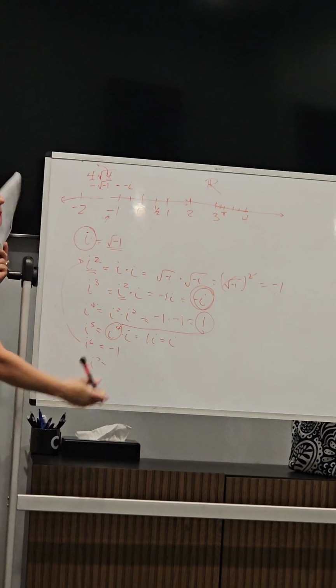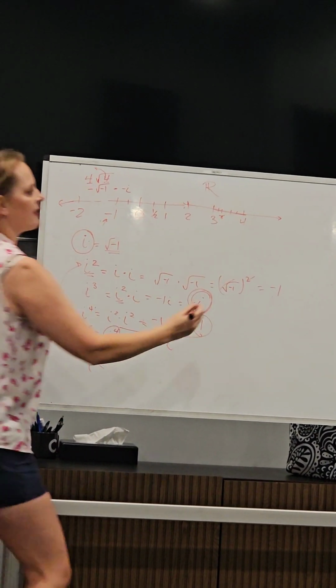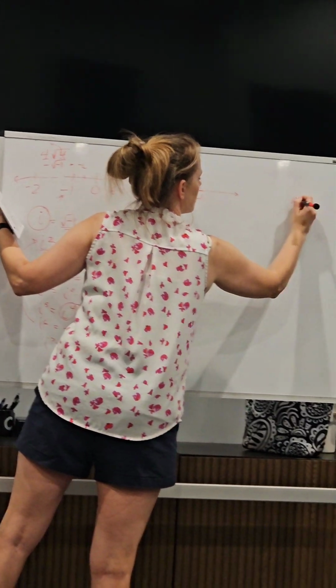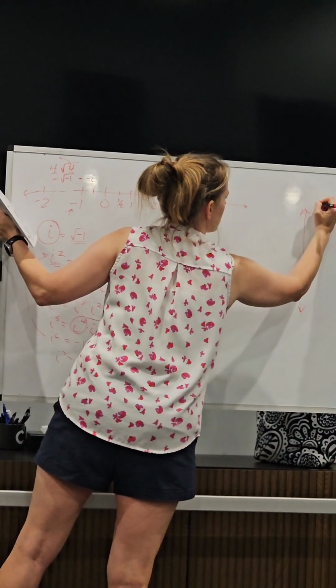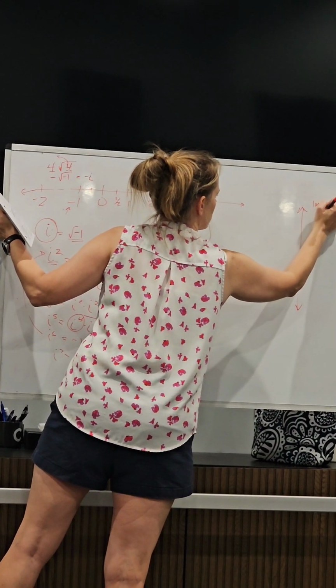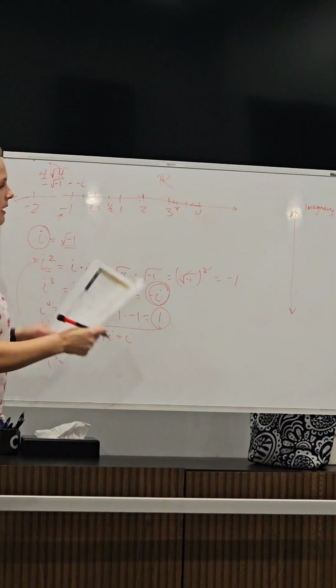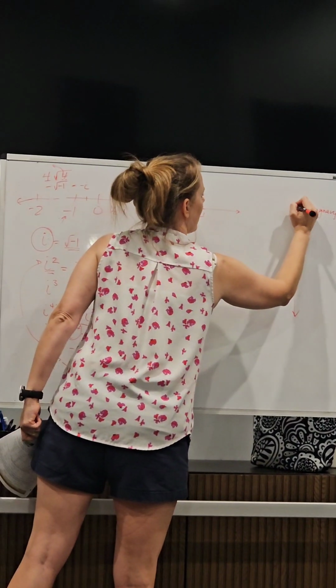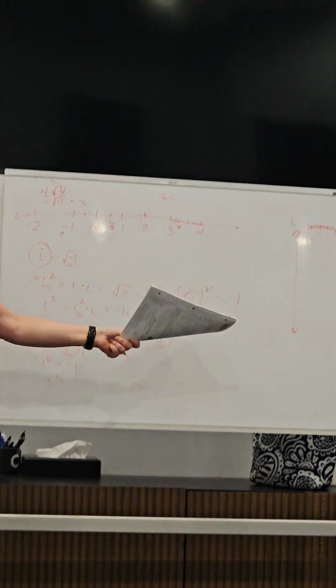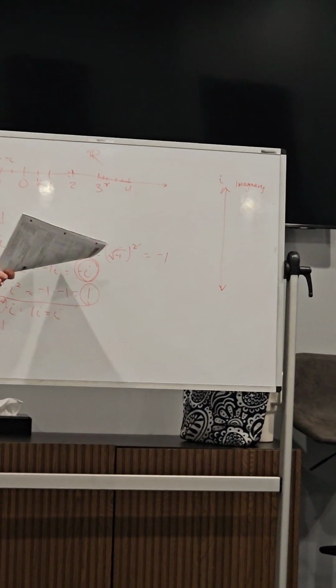So all this being said, we can have an axis. We talked about our real axis, called our imaginary axis. Then what we do is we call this I. And I'm sure we will be using this imaginary axis this year in complex numbers.